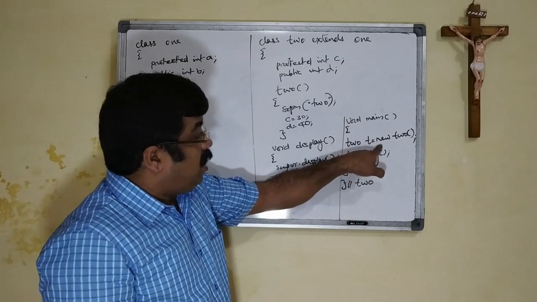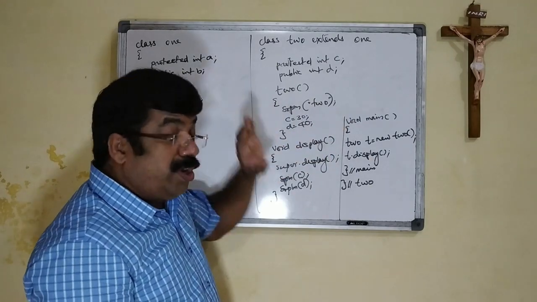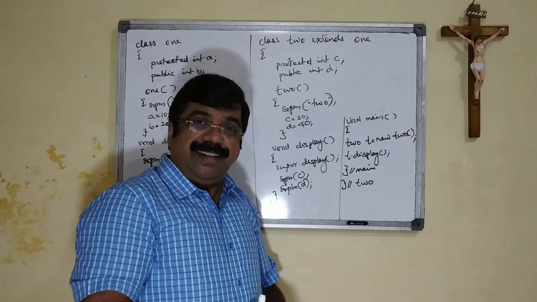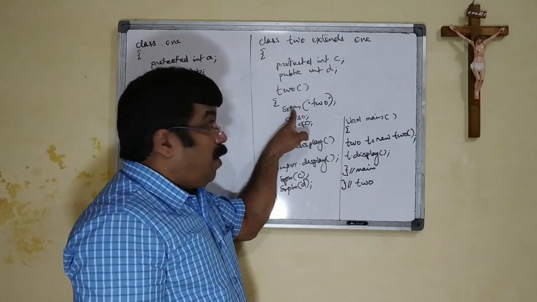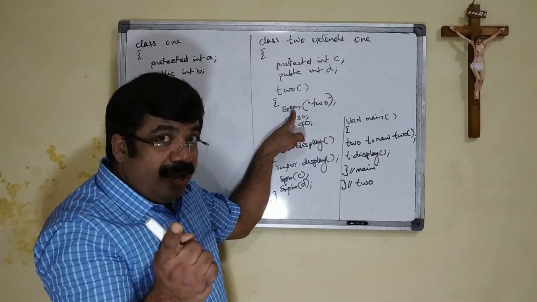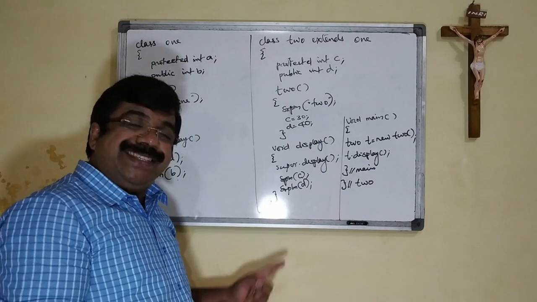With t is equal to new 2, I called the constructor of this class during object creation. Before executing this particular constructor, it will create what? The object for the base class.